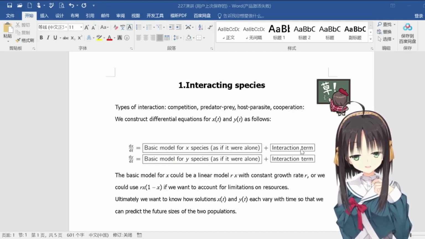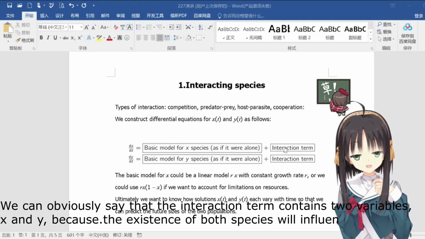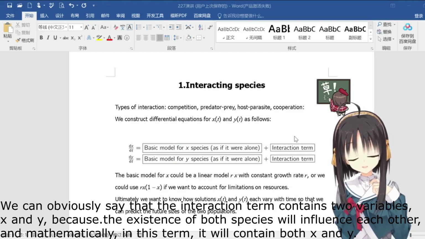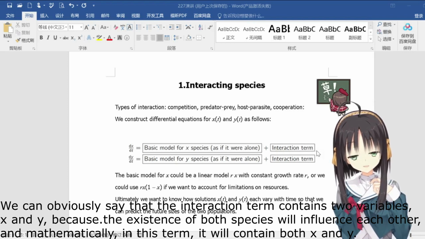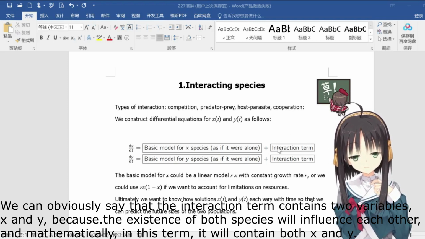Next, the second part, the interaction term. We can obviously say that the interaction term contains two variables, x and y, because the existence of both species will influence each other, and mathematically this term will contain both x and y.